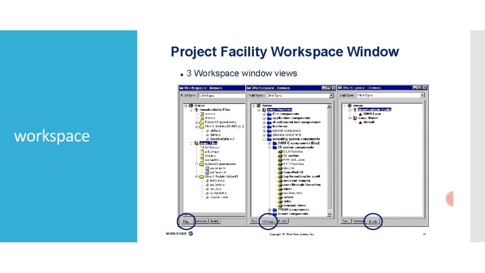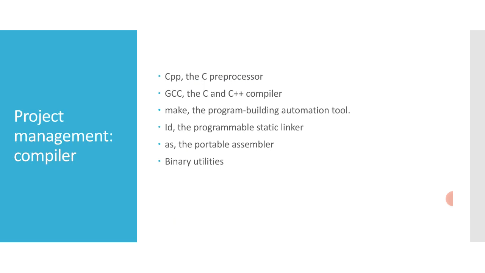So let's get into the compiler properly. It includes the GNU compiler for C and C++ programs, as well as a collection of supporting tools that provide a complete development tool chain: CPP, the C preprocessor; GCC, the C and C++ compiler; Make, the program building automation tool; LD, the programmable static linker; AS, the portable assembler; and binary utilities.